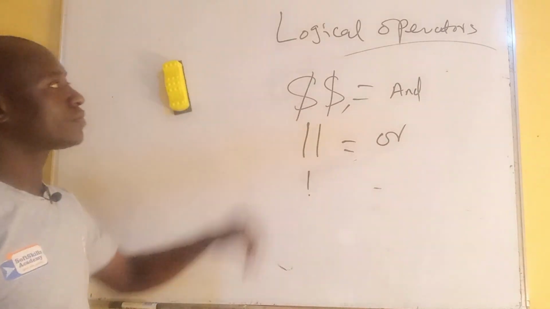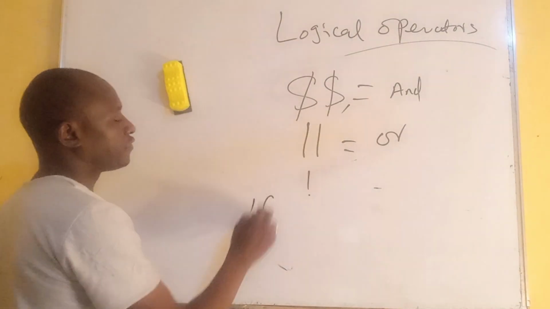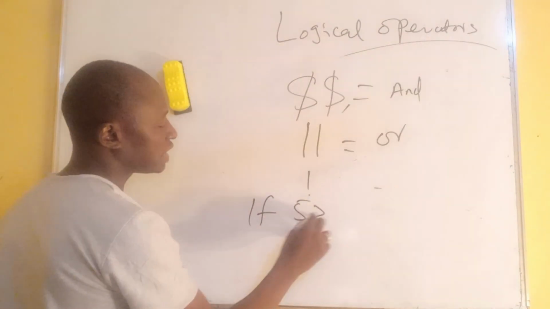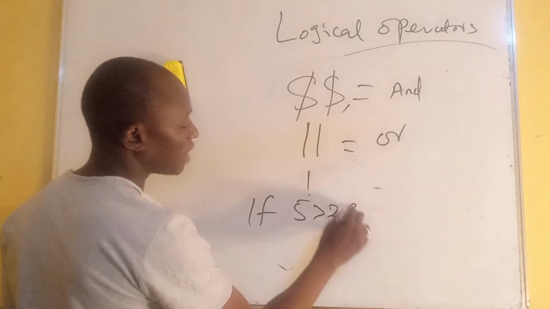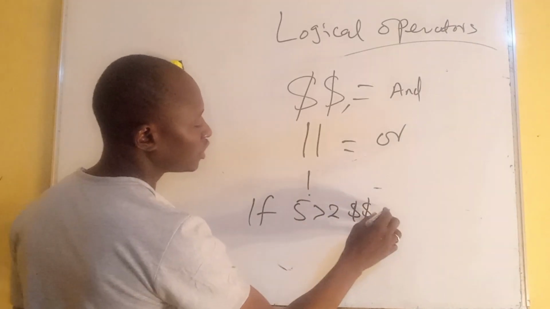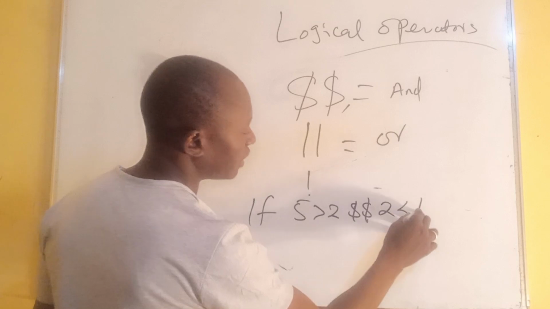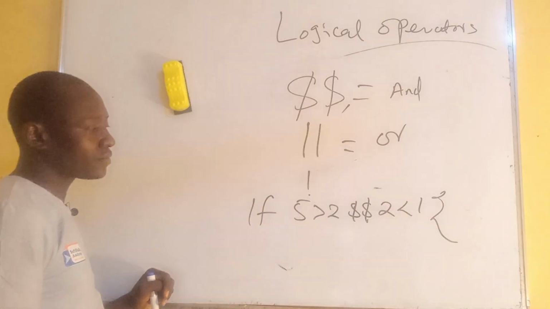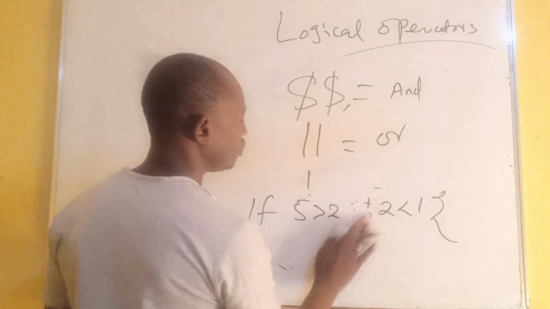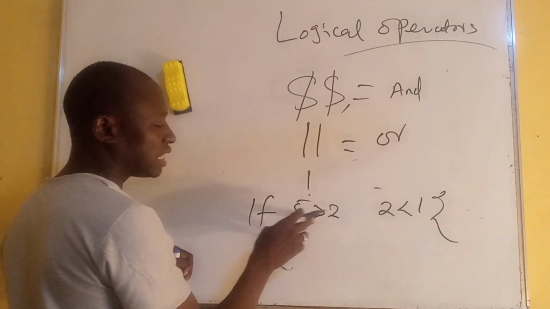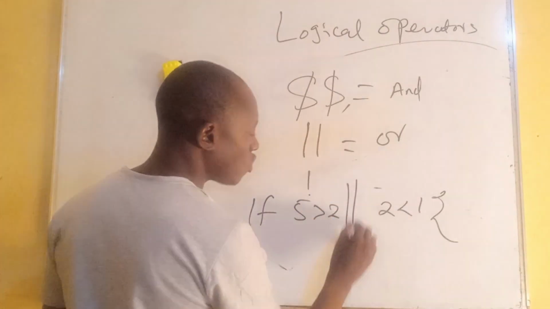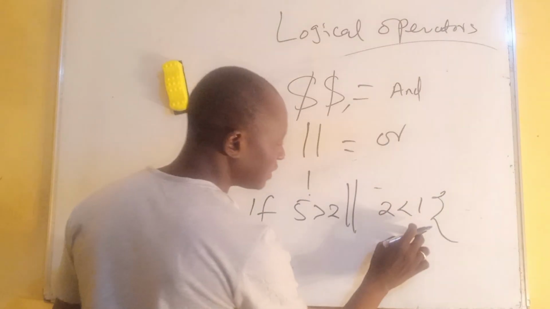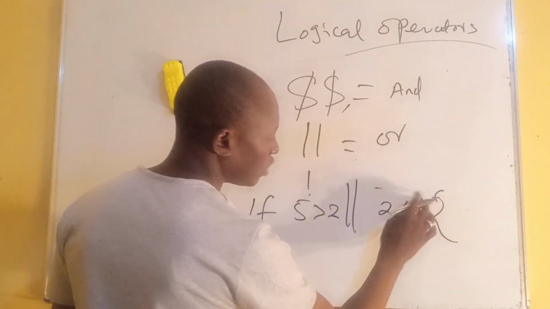So here, if you are comparing, if 5 is greater than 2 and 2 is less than 1, some statement will follow, isn't it? Or you're saying if 5 is greater than 2 or 2 is less than 1, some statement will now follow.